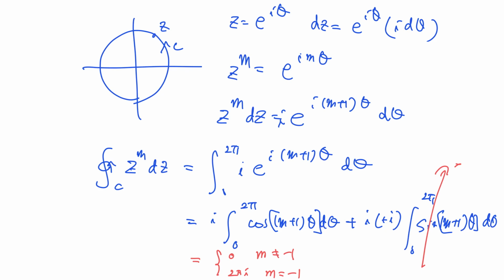When n is equal to minus 1, then plus 1 is 0, and cosine 0 is equal to 1. So therefore it is 2 pi, otherwise it's always 0. Sine is always 0. So we have the following integral.